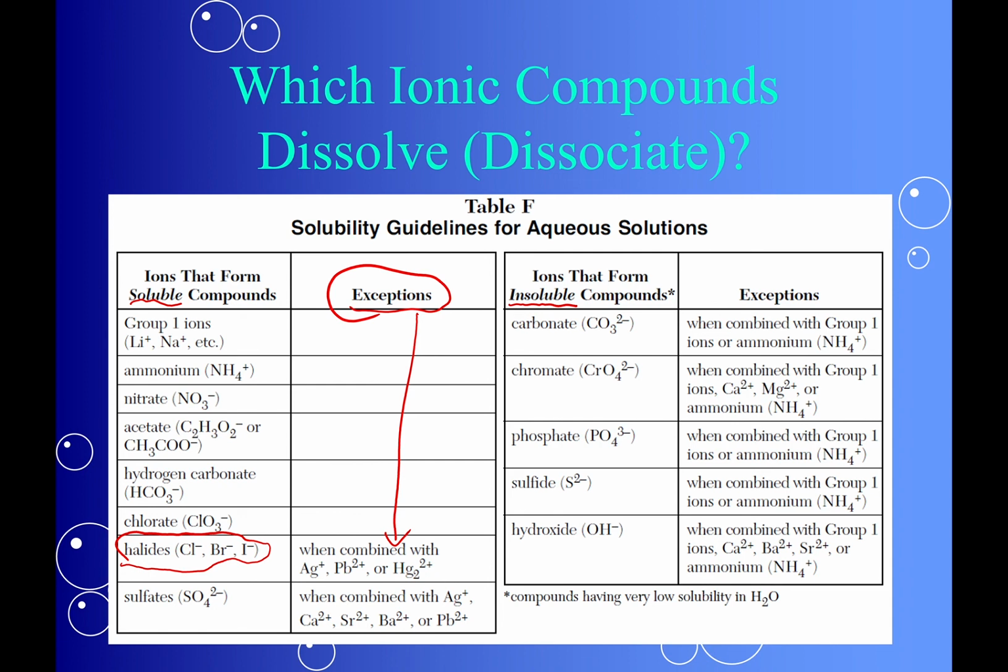If one of the halides combines with one of those three, then it would form an insoluble compound. So under the exceptions, these would become insoluble. And on the other side here, these would become soluble.